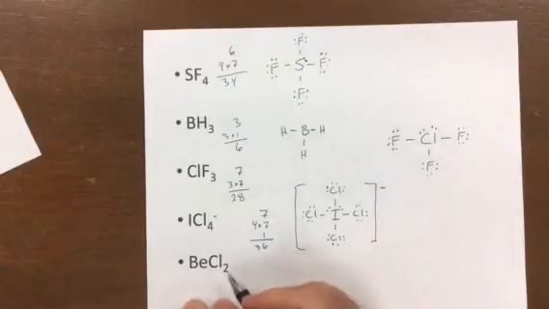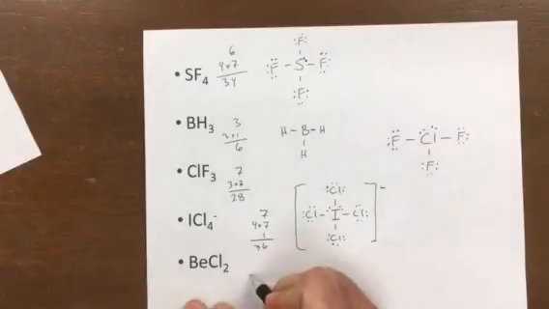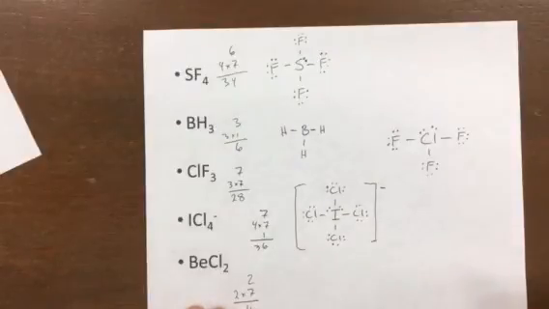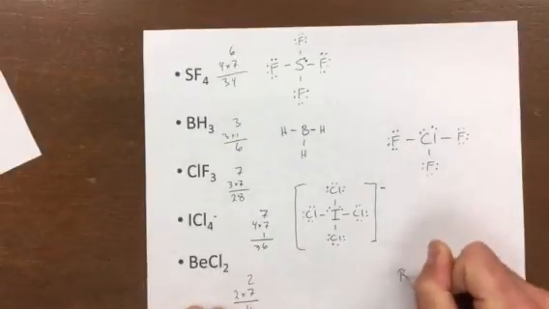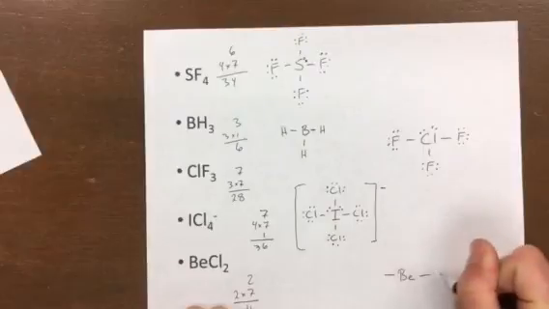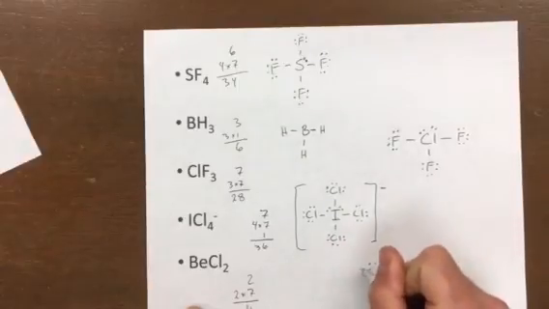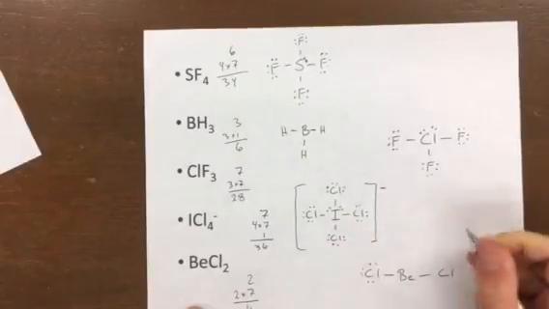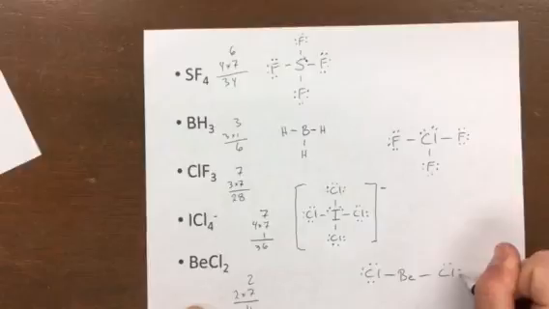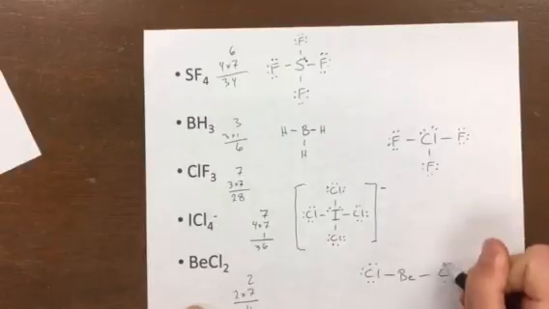BeCl2, last example. Beryllium has just 2 valence electrons, and then we have the 2 chlorines, which each bring 7. So that's a total of 16 electrons. The beryllium is in the center, attached to the 2 chlorines. That's 4 electrons, then 5, 6, 7, up to 16.